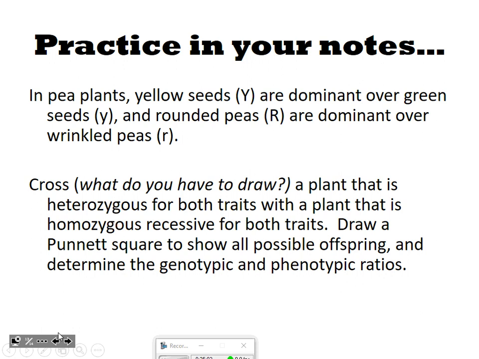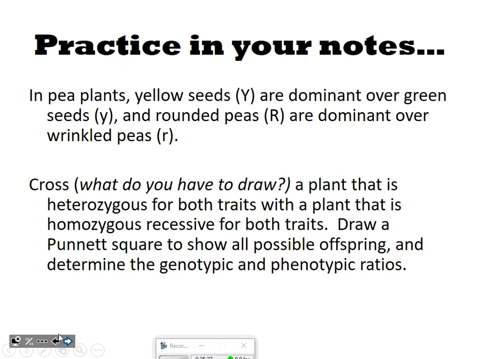Cross a plant that is heterozygous for both traits with a plant that is homozygous recessive for both traits. Draw a Punnett square to show all possible offspring and determine the genotypic and phenotypic ratios. Okay, it says a heterozygous for both traits. Yellow is dominant over green. Round peas are dominant over wrinkled.